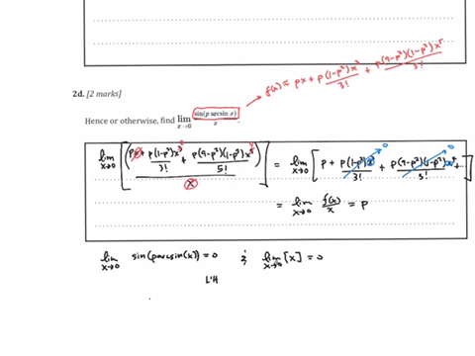So by L'Hopital, the limit as x approaches 0 of sine of p arc sine of x over x would be equivalent to the limit as x approaches 0 of the derivative of each of them separately. Don't use the quotient rule. That's going to hurt, and it's not correct, so don't do it.